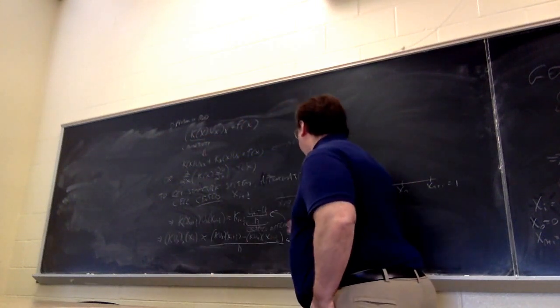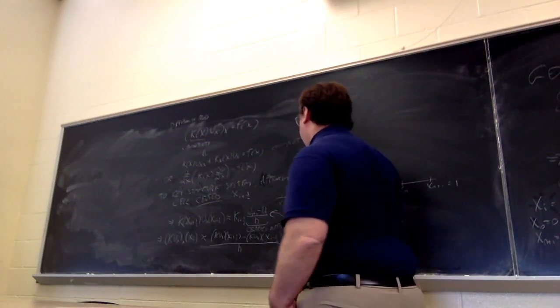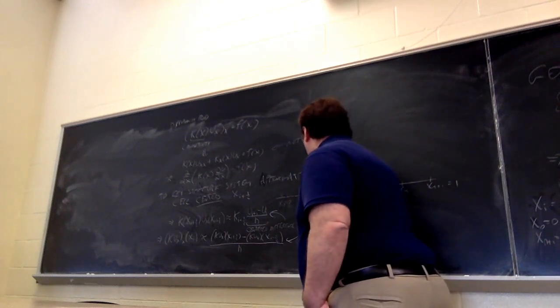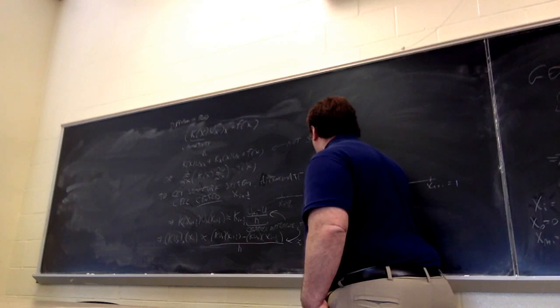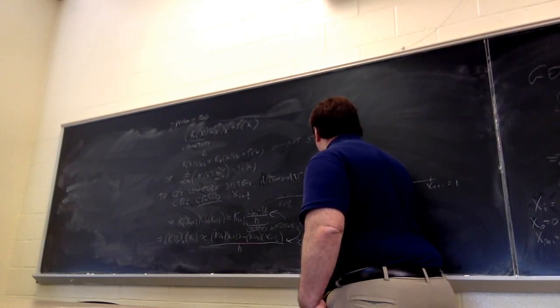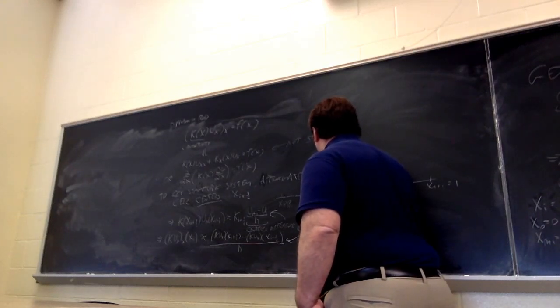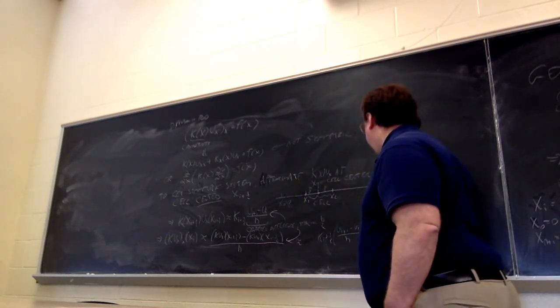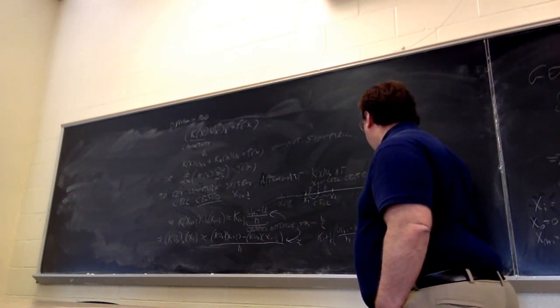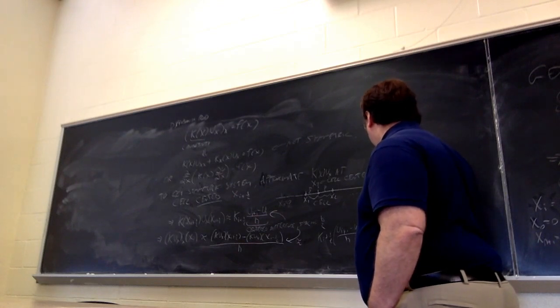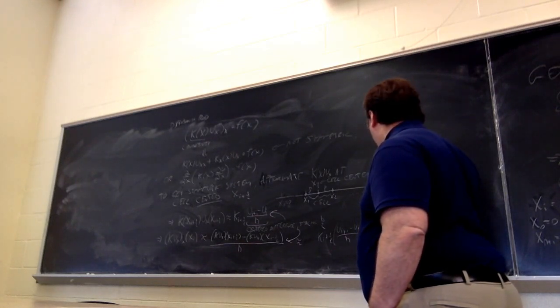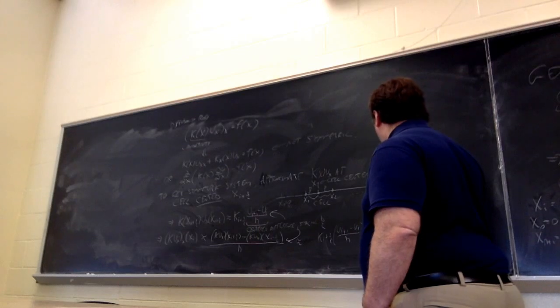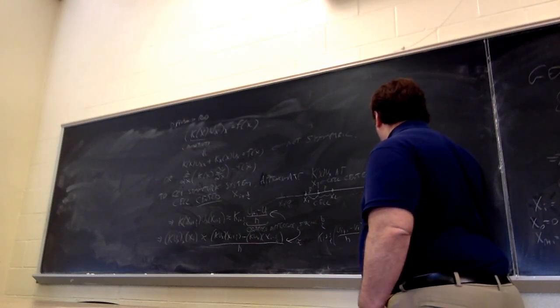So for the first one, I already have that written down. That'll be k_{i+1/2} times (u_{i+1} minus u_i) over h. For the other one, it's similar, just shift the indices down a bit: minus k_{i-1/2} times (u_i minus u_{i-1}) over h.